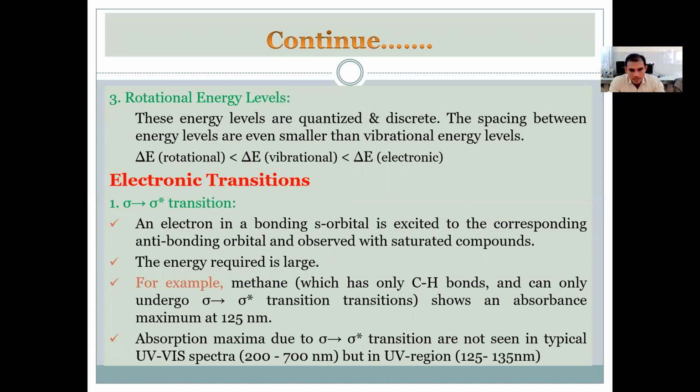For example, methane, which has a CH bond, is a covalent bond and can only undergo sigma to sigma antibonding transition, with an absorbance maximum at 125 nm. Absorption maxima due to sigma to sigma antibonding transitions are not seen in typical UV visible spectra of 200 to 700 nanometers, but in the UV region of 125 to 135 nanometers.